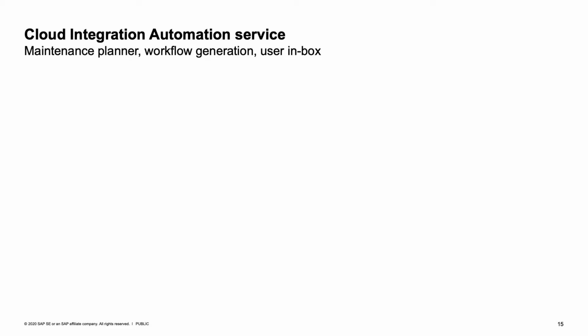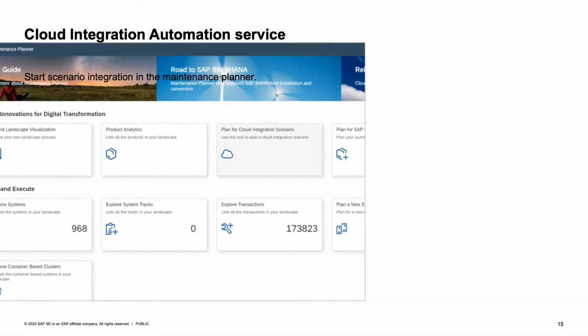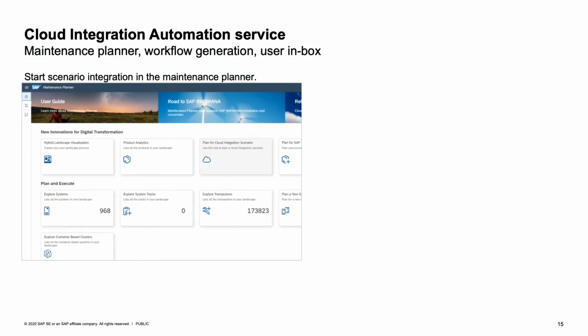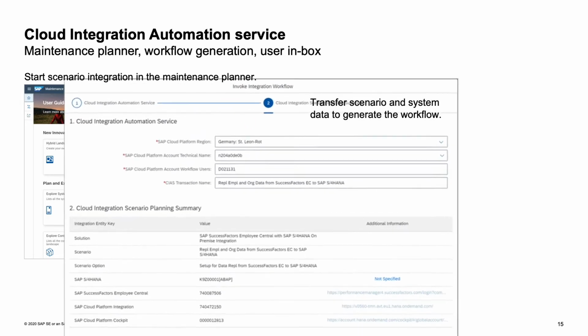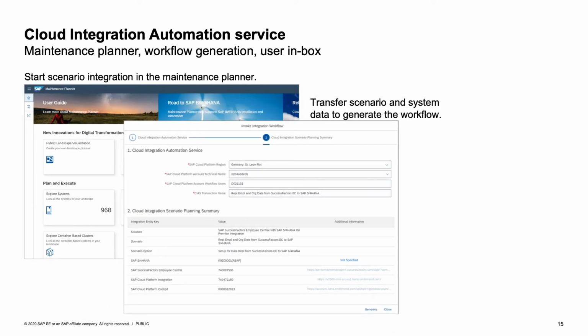Just a quick view on how it looks like in the system. You can trigger cloud integration automation service from the tile on the home page that you see here. And after this, you need to select the integration scenario. From Maintenance Planner, the user would generate the workflow and transfer it to the SAP Cloud platform, and that's where the workflow is stored.